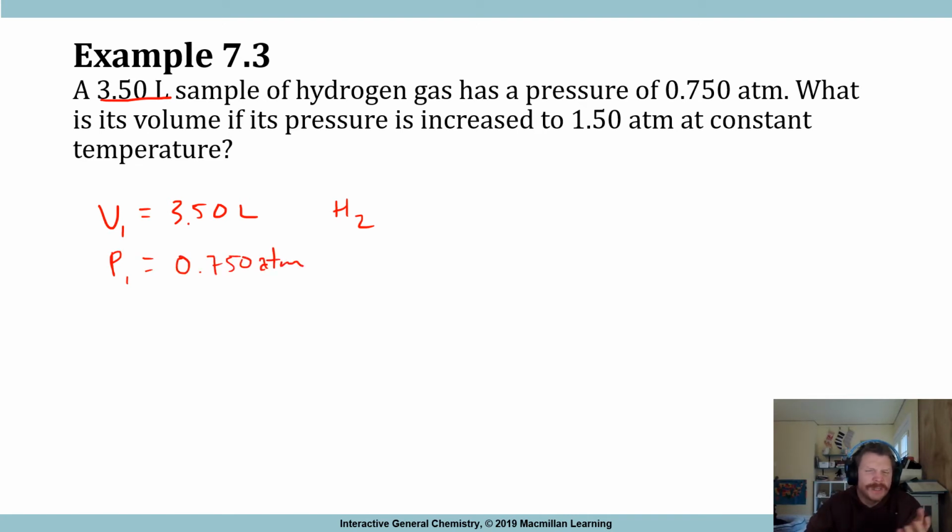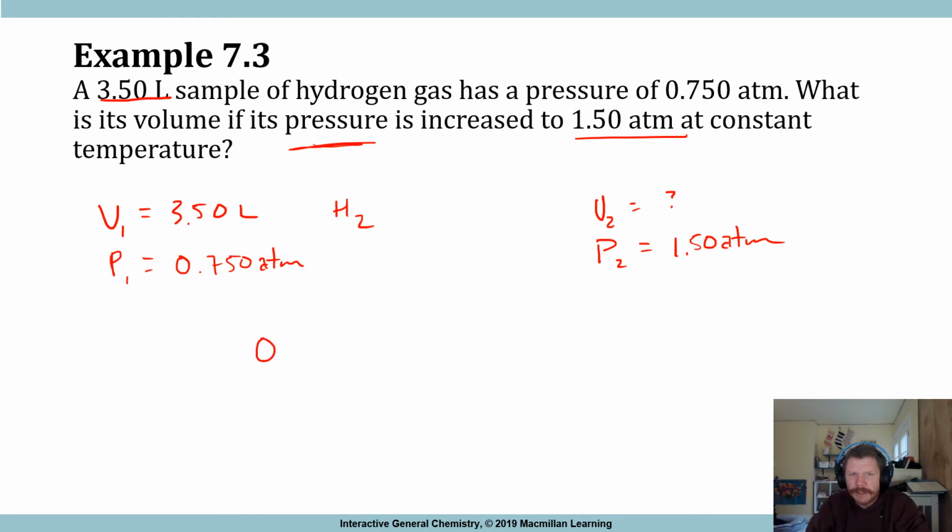We've talked about different pressure units, but let's not worry too much about that because unless it changes, we don't have to worry about it. The question is, what is its volume if its pressure is increased to 1.5 atmospheres? So we've got V2, which we don't know, but we have our P2 value, which is 1.50 atmospheres.